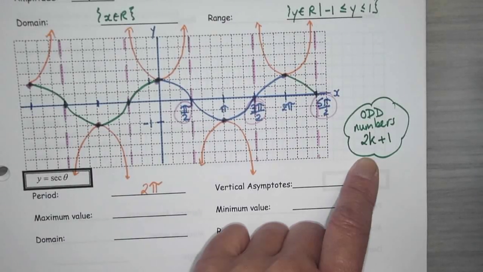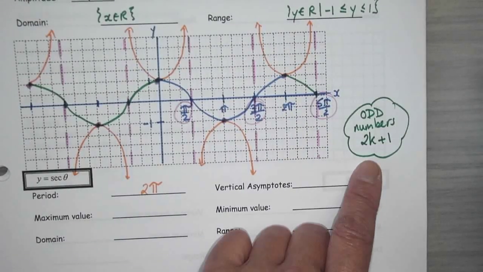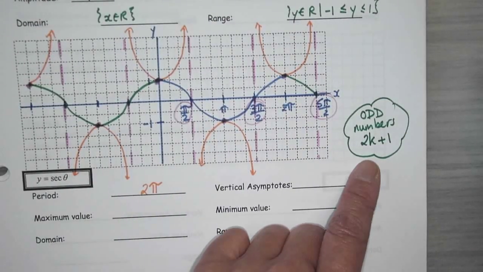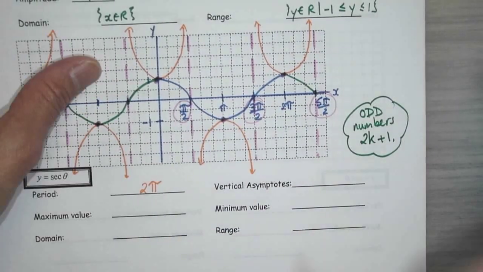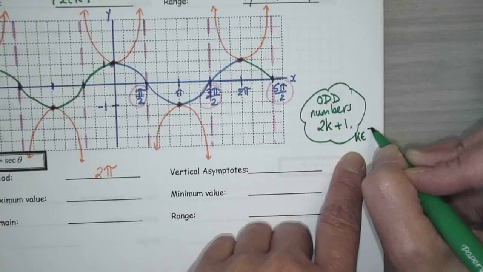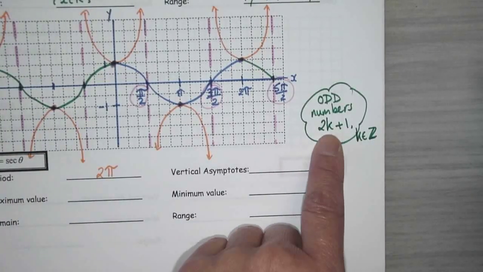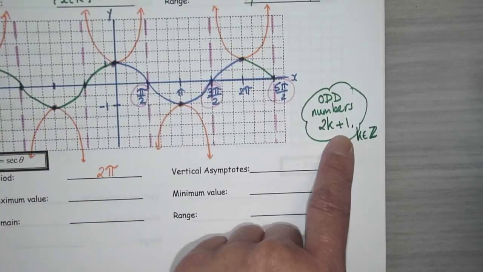And last year when we did word problems, we said try to use 2k plus 1, because that represents any general odd number, where k is an element of the integers. Any integer you put in there will always result in an odd number.